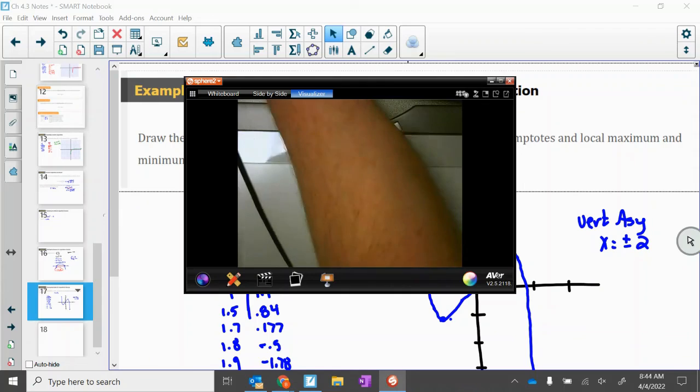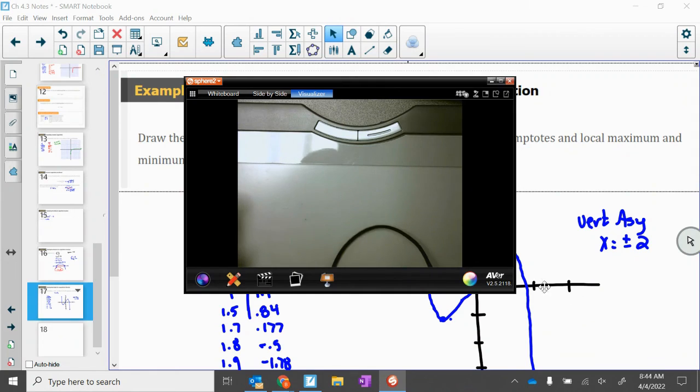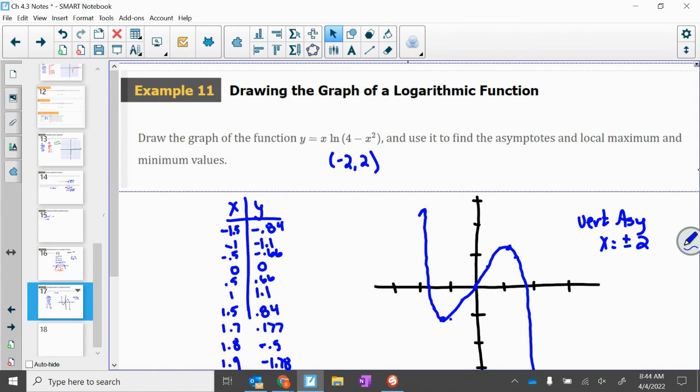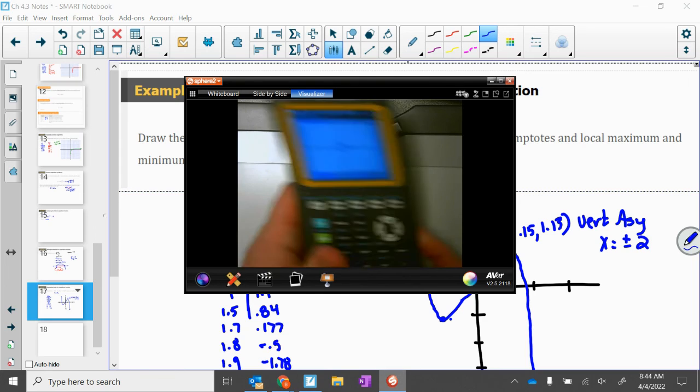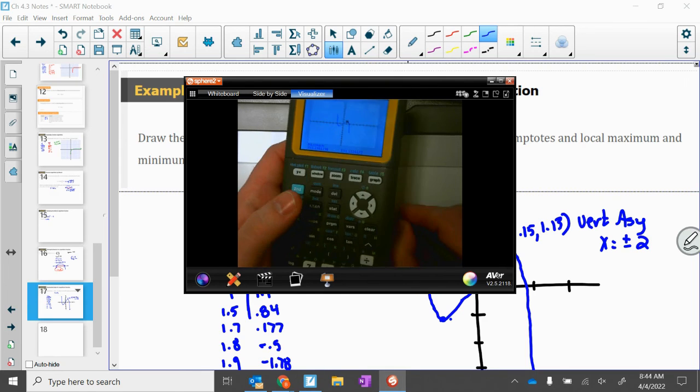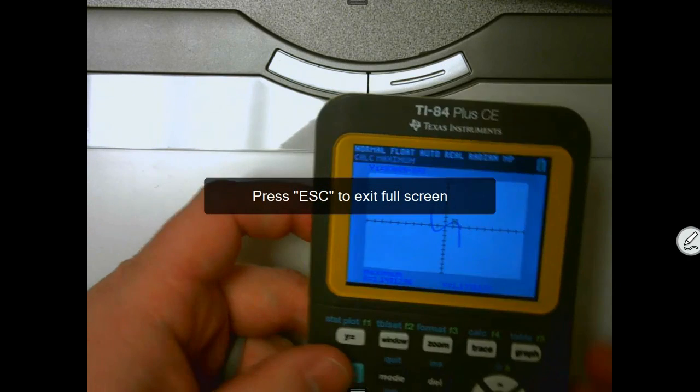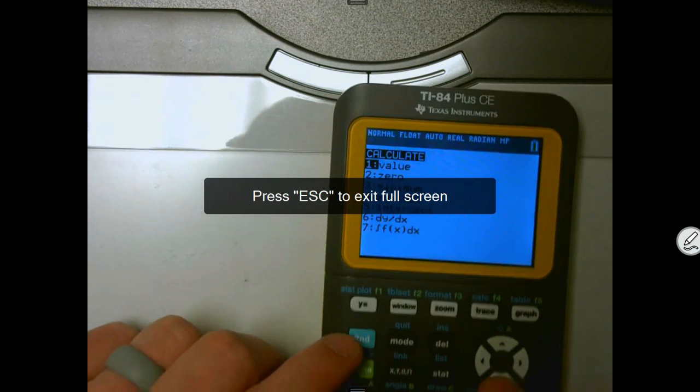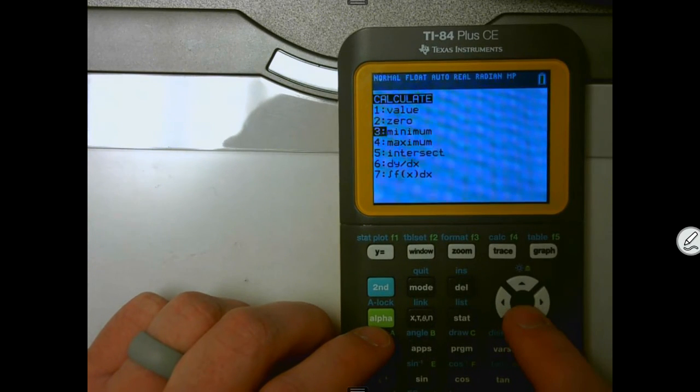So going back here, so our local max here, so this was 1.15 comma 1.13. And then to find the minimum, we're going to hit second calculate minimum.